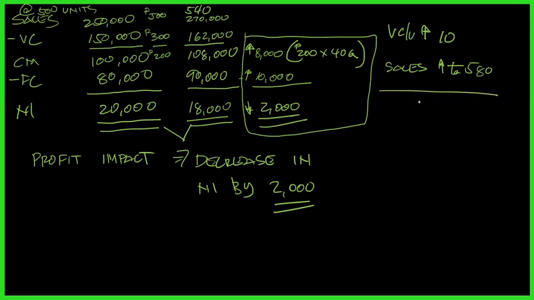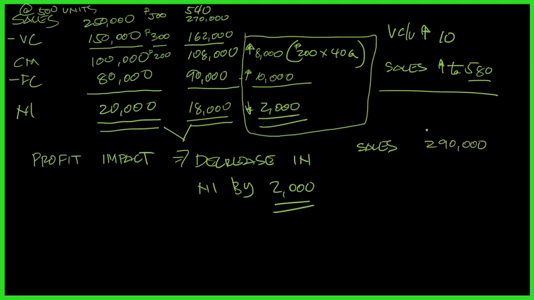Let's try to compute that. How much is your sales? The selling price is still the same, 500 pesos times 580, so you will have 290,000.